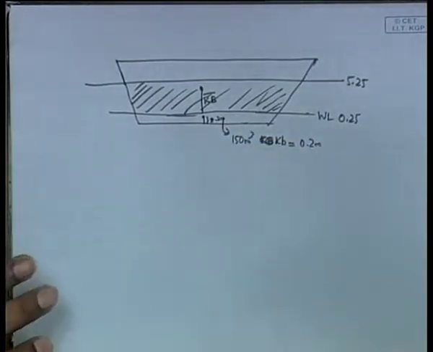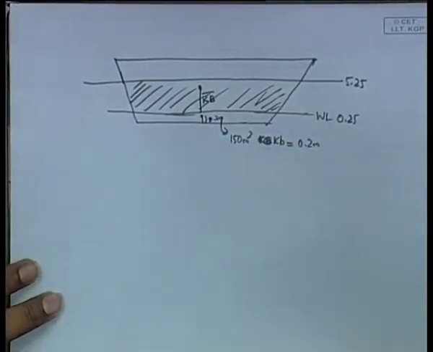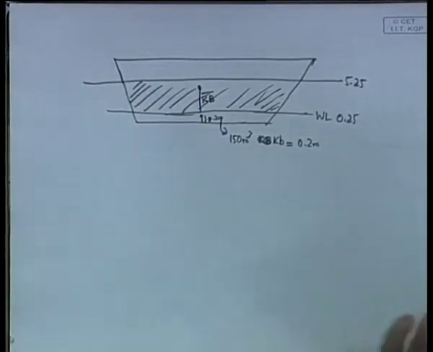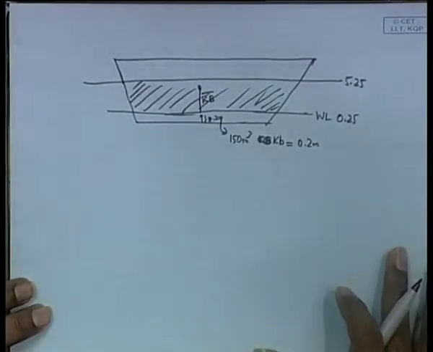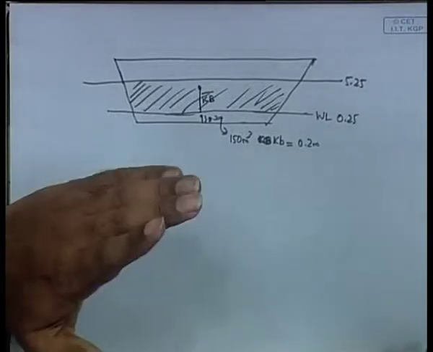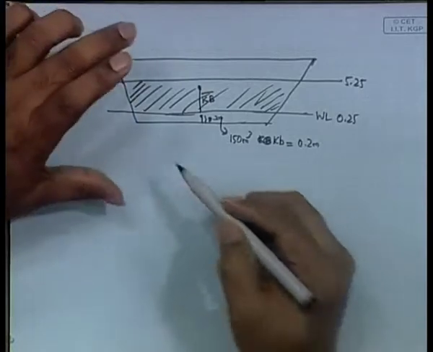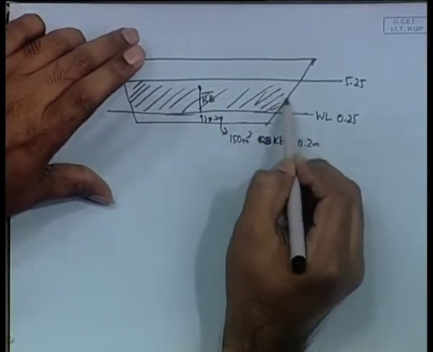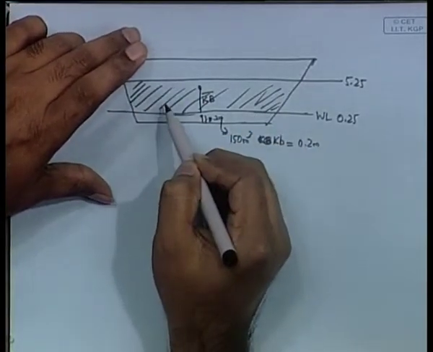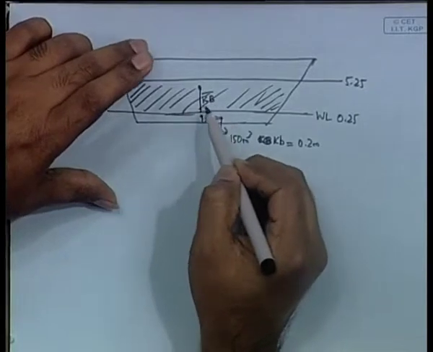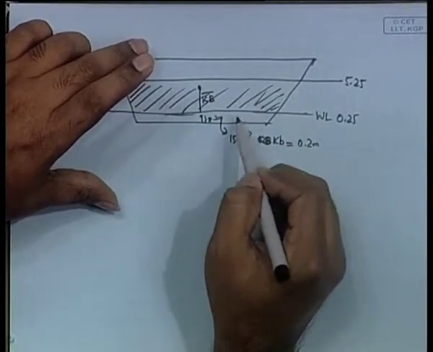Okay. So, the problem is not very simple, but once you understand the different points of it, of course, it is simple. So, these are the things. First, from the table you will get this whole volume, this shaded region that I have shaded here, and you will get the Kb of this shaded region also.